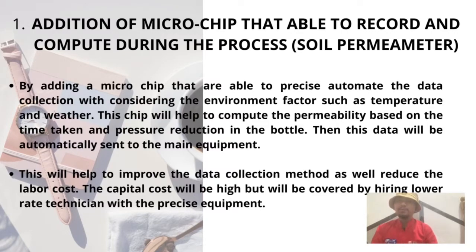This improvement will help improve efficiency as well as reduce the cost of expenses. The addition of a microchip can also set up the equipment to automatically calculate the result in the background and just display the result.